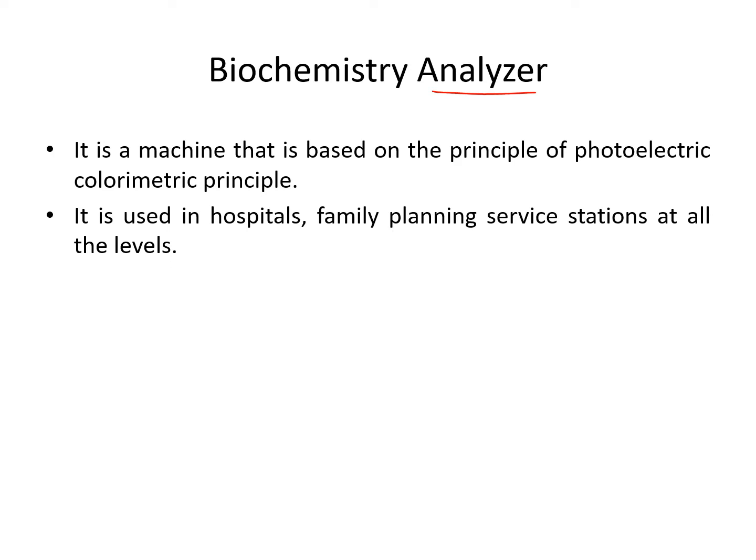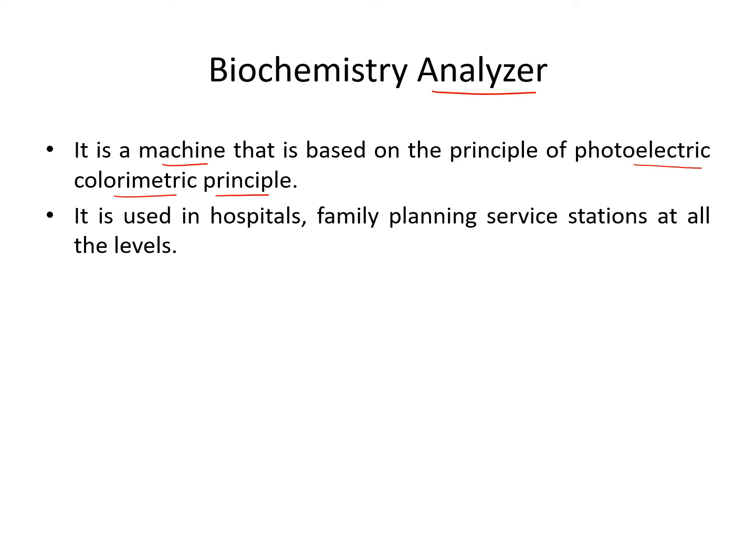Okay, so it is a machine that is based on the photoelectric colorimetric principle. Colorimetric means it measures the color. When there is a reaction between reagent and sample, there is color development, and these analyzers read that color.